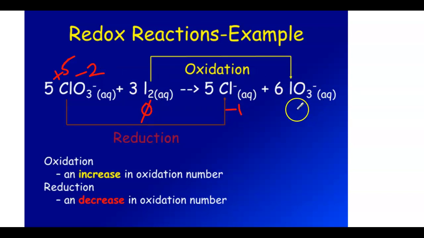Now iodate's a polyatomic, so oxygen's -2, and iodine is +5 here. So in oxidation, we're going from 0 to +5, so each iodine is losing 5 electrons.